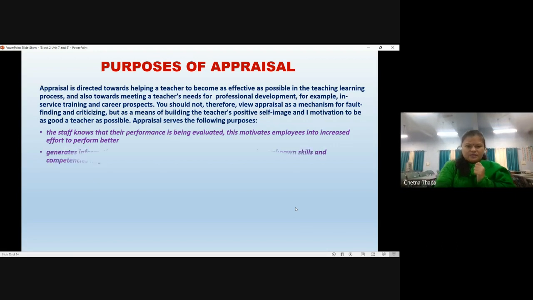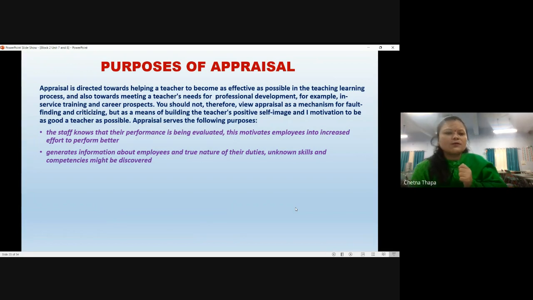Secondly, it generates information about employees, their nature of duties, what they are doing, what their skills are, and what unknown skills and competencies might be discovered. So this staff appraisal generates complete information about the employee.